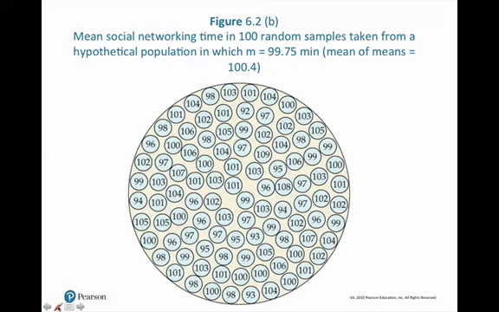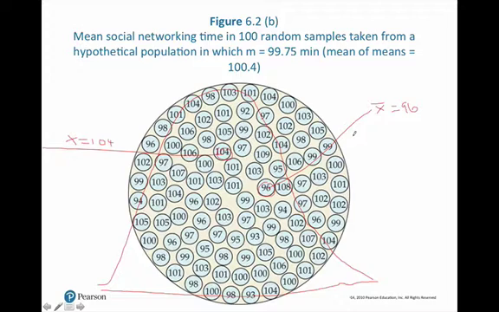So if we want to look at it this way, this is a normal curve in which all of these observations exist. And if I just pull randomly one sample out of there, that's going to give me a sample mean of 100.4. Likewise, I could pull another one out of there, in which I could get a sample mean of 96.